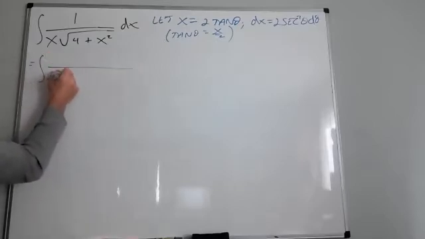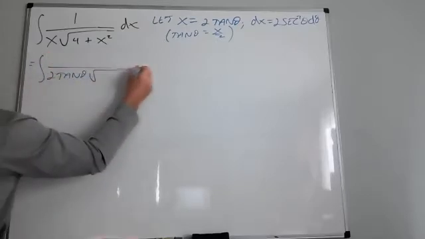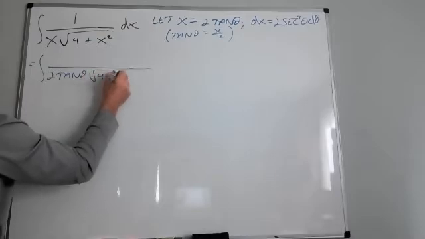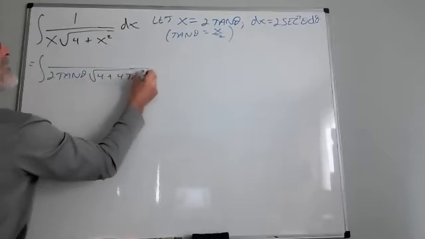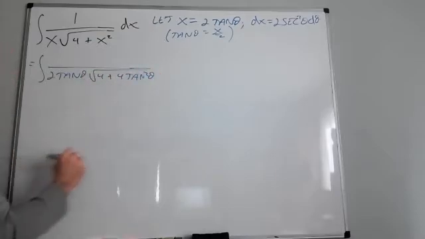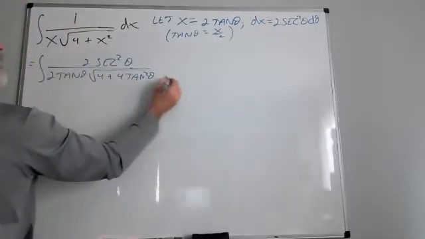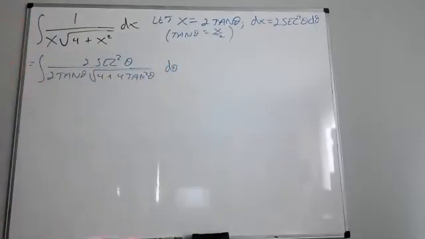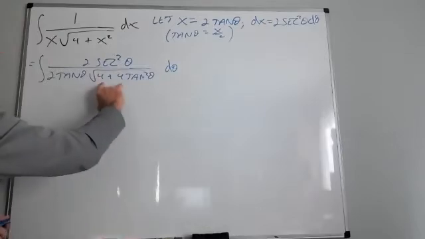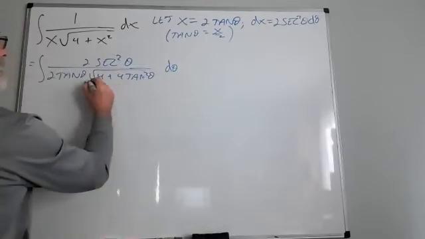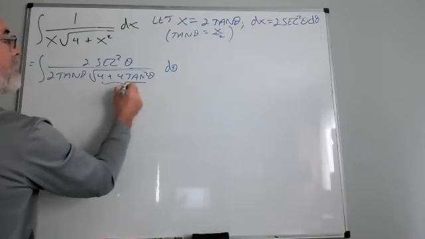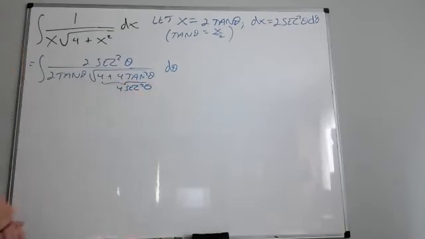okay, I'm going to get 2 tan theta. Then under the root, I'm going to have 4 plus 4 tan squared theta. On the top, I'm going to have 2 secant squared theta, all integrated with respect to theta. Now, this part here under the root, 4 plus 4 tan squared, that's literally 4 secant squared.